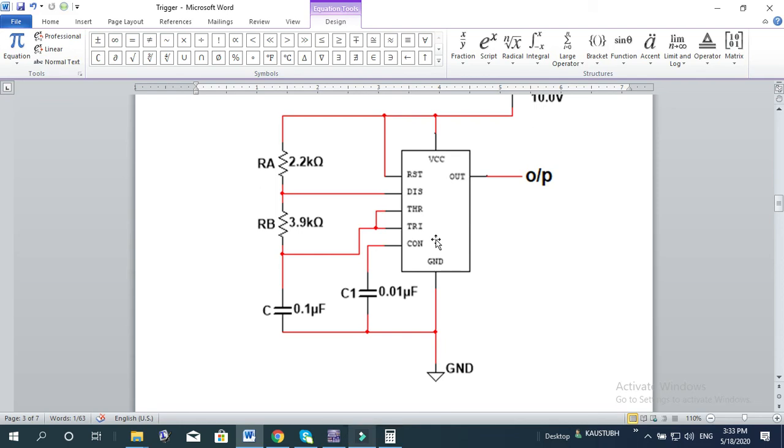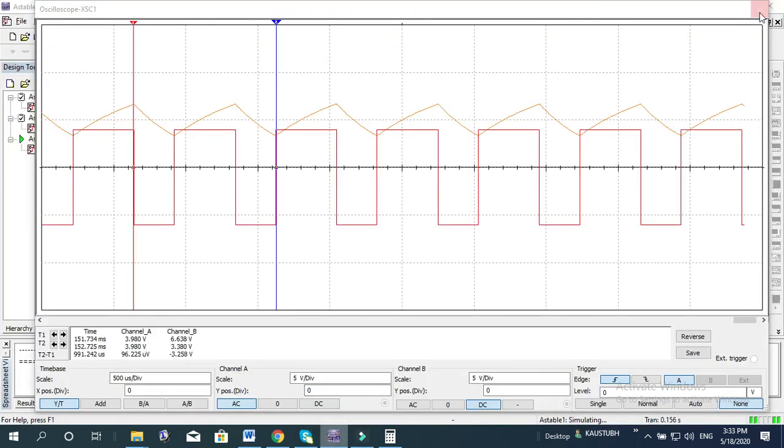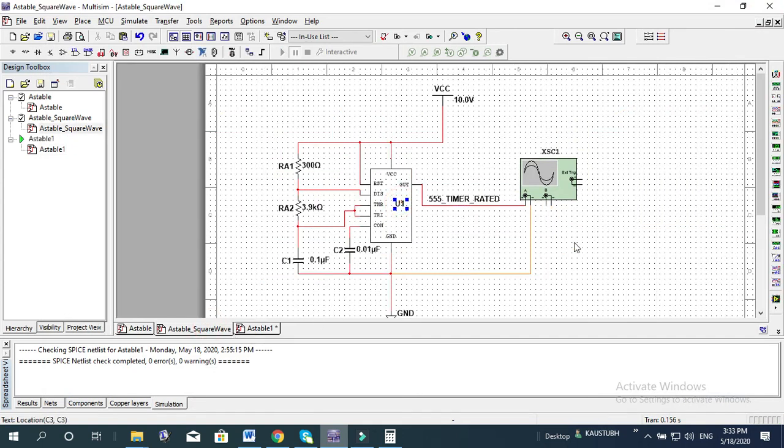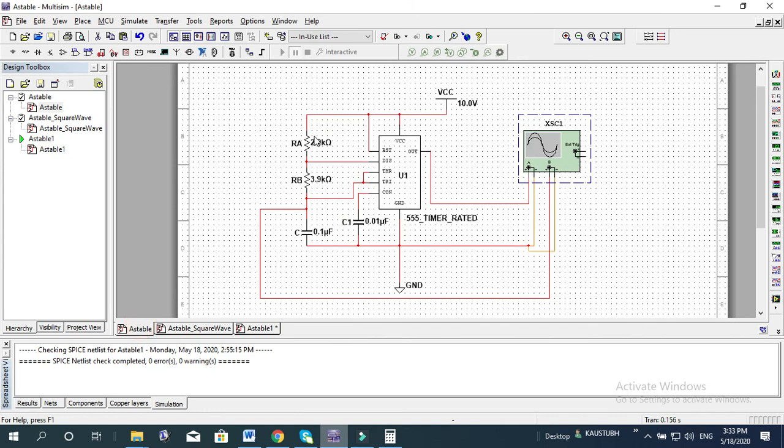So rather, what we can do is minimize it to make it a near perfect square wave. So I'll show you another one here. It's already been designed. So you see I have already tuned it and I make it 300 ohm instead of 2.2k here, as I used earlier 2.2k.